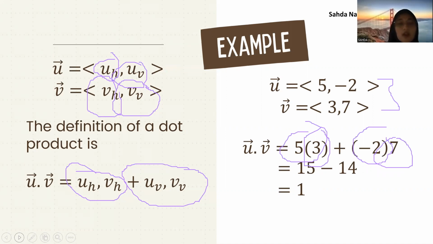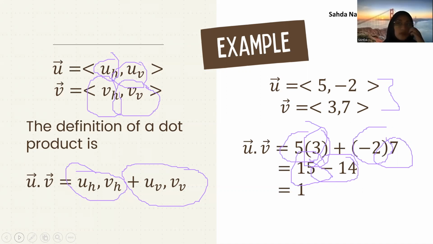Vector U times vector V is equal to 5 times 3 plus -2 times 7, and find the sum. So here I'm going to get 15, and here I'm going to get -14. And so the dot product is equal to 1.